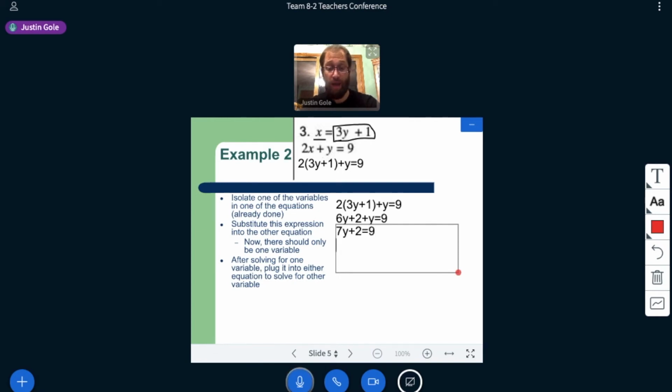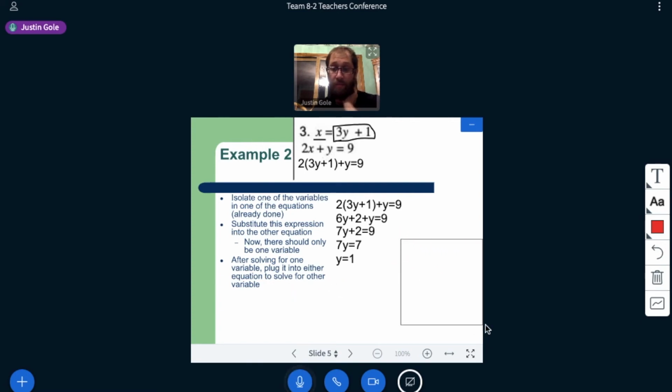I'm going to subtract 2 from both sides. 7y equals 7, and we should get y equals 1. So now we've solved for one variable. After solving for one variable, we plug it into the other equation, and we solve for the other variable. So x equals 3 times 1 plus 1. 3 times 1 is 3 plus 1, x equals 4.